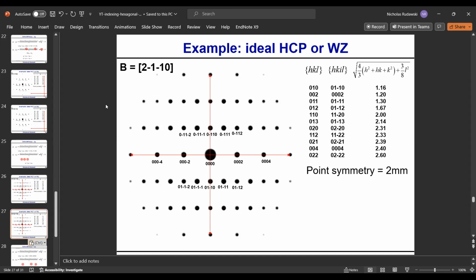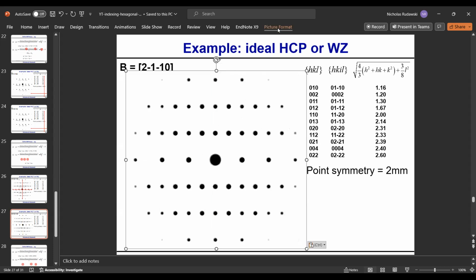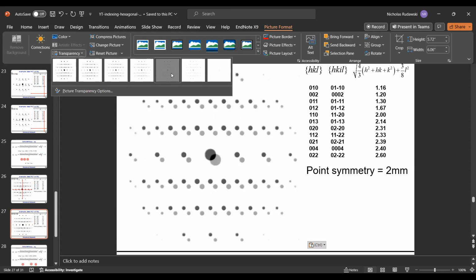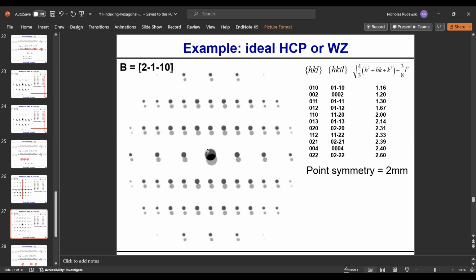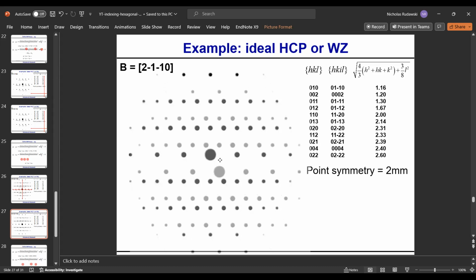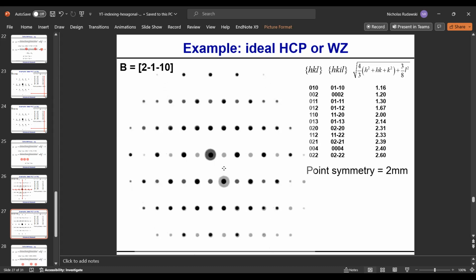If I remove all these, and set the transparency, now if I get strong diffraction from, say, this spot right here, that's a 0, 1, 1 bar, 1 family, I transpose the pattern over by that amount. And what do I get? I get these spots filled, where there used to be none.